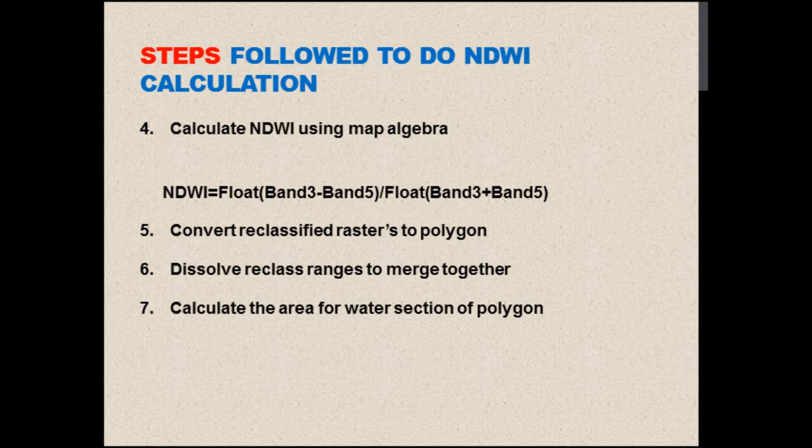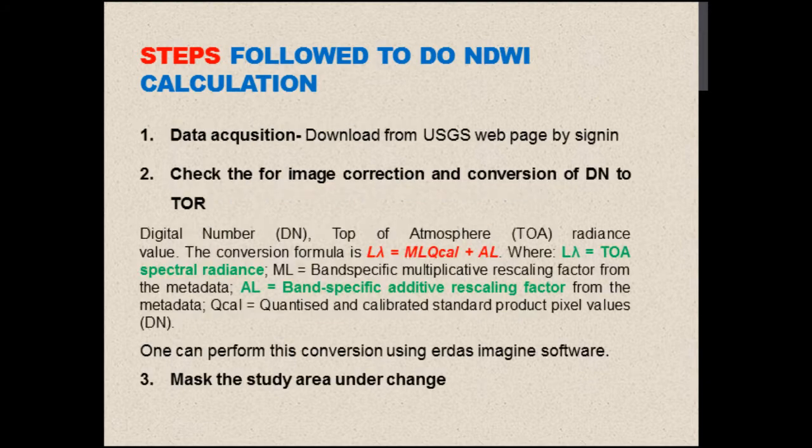So this map algebra can be used in estimating NDWI, after correcting this Landsat image by converting digital numbers to top of atmospheric radiance. So I will begin by showing how to convert this digital number into top of atmospheric radiance.